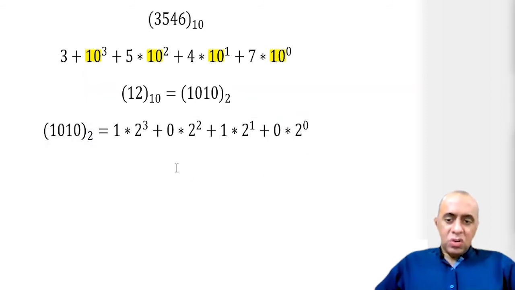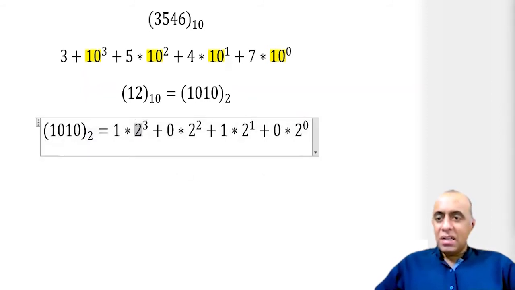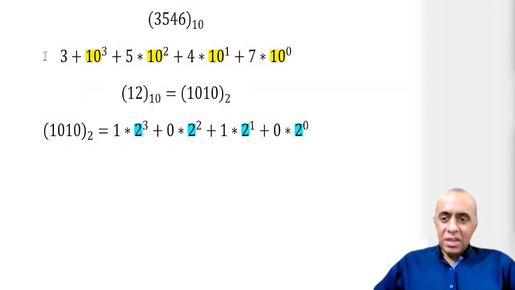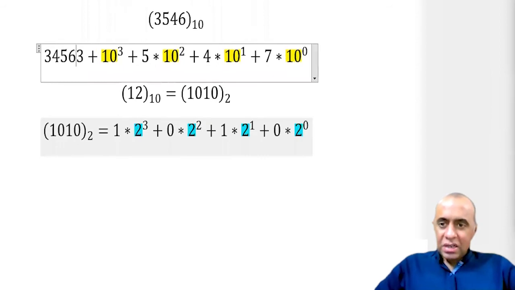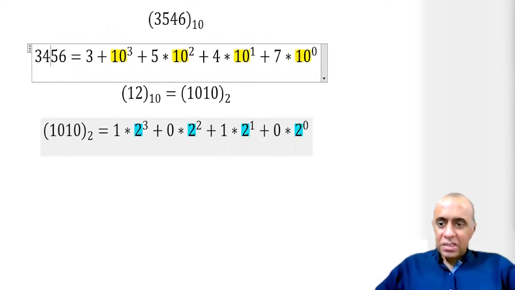Okay. So now I'm going to highlight this number 2 with another highlight color, just to have you look at the similarity between this line and this line. Let me complete this line. It should be written like this.